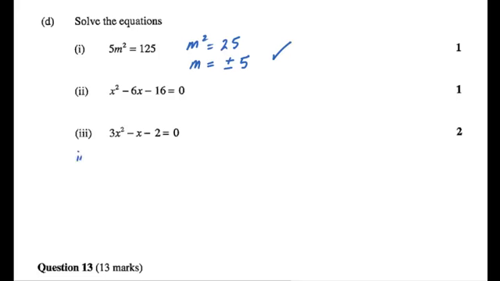Question 2 I'll do down here. So x squared minus 6x minus 16 equals 0. You're looking for two numbers that multiply to give negative 16 and add to give negative 6. What multiplies to give 16? 4 and 4, 2 and 8. Looks like 2 and 8 will probably work. What's negative and what's positive? We want to add to give negative 6, so we must have a negative 8 and a positive 2.